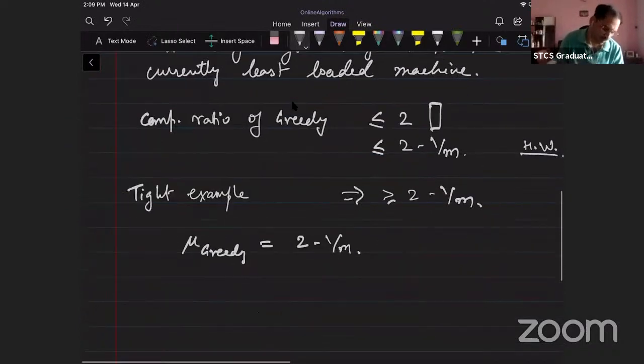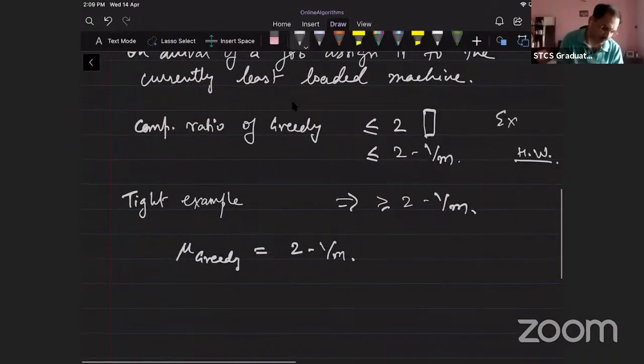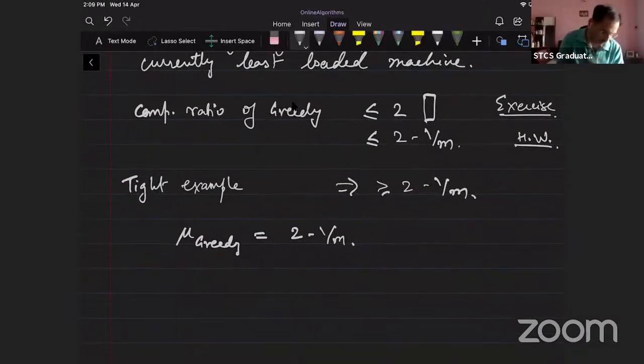Okay, so maybe I'll leave this as an exercise. It's not difficult. So the simplest setting we looked at was any job can be assigned to any machine and all machines are identical. So let's look at the simplest non-trivial setting next, where greedy doesn't work.